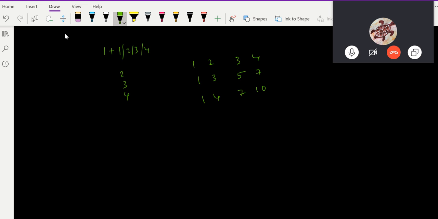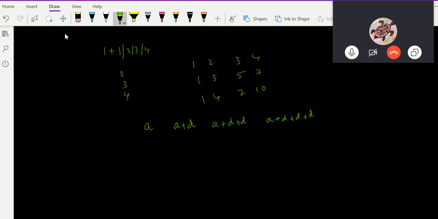So basically, this means that we are having a series where we have a first term, let that be a, and then I am adding a constant number to it, a plus d, then a plus d plus d, then a plus d plus d plus d, like that, right?